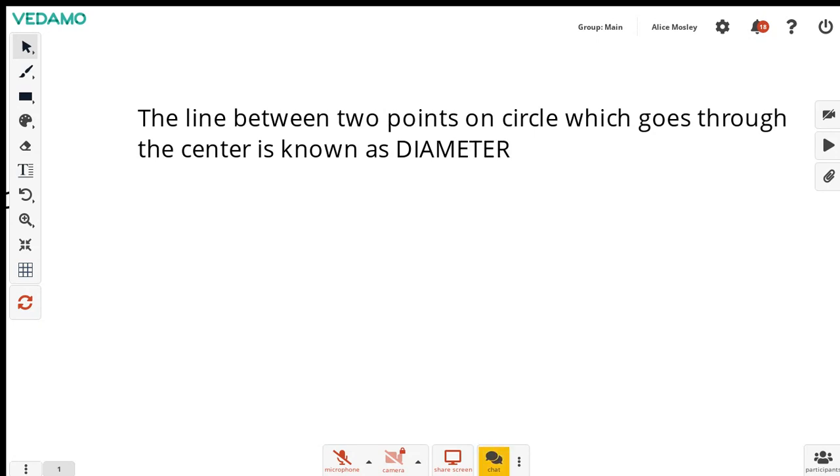Please write this down into your notebook. The line between 2 points on a circle which goes through the center is known as diameter.